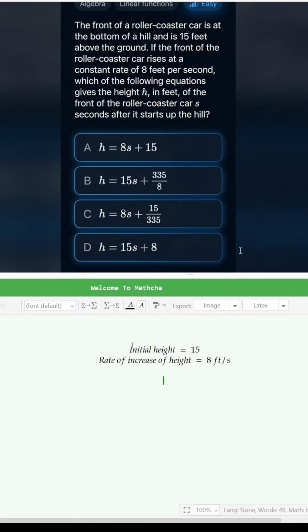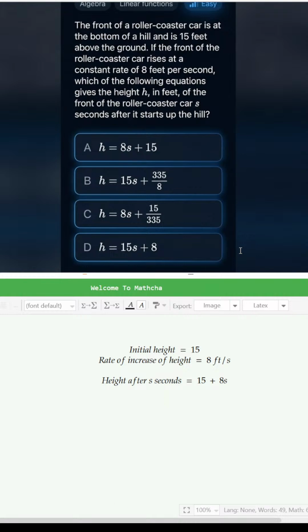So the height after s seconds will be 15 plus 8 multiplied by s, in feet. Here 8 is multiplied with s because for each second the height increases by 8 feet, and 15 is the initial height, so those get added.